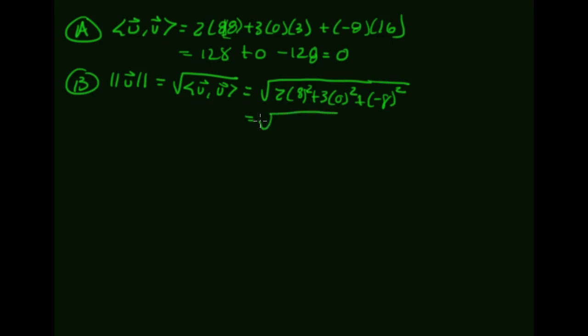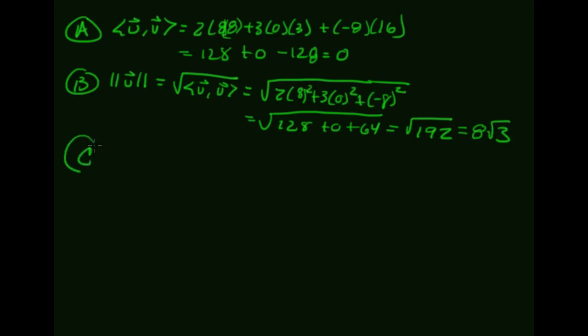So this is 128 plus 0 plus 64, would be the square root of 192, which comes out as 8 times the square root of 3.